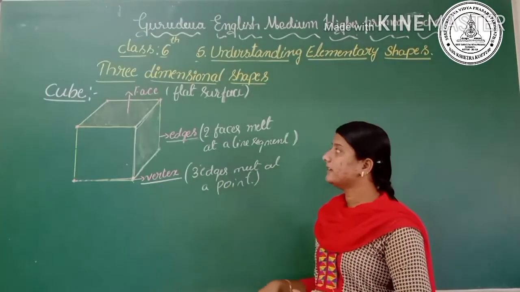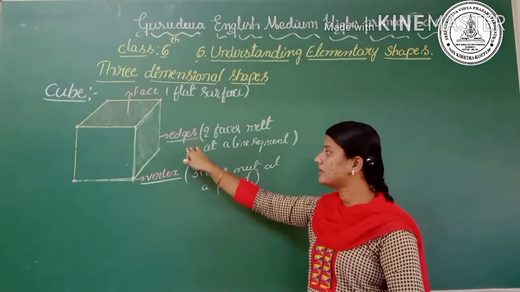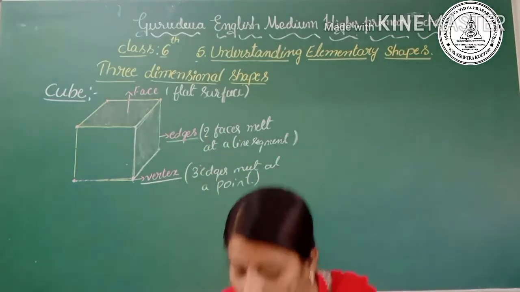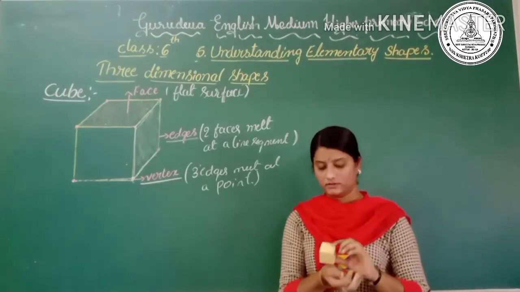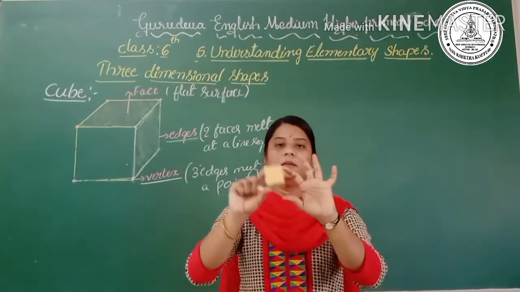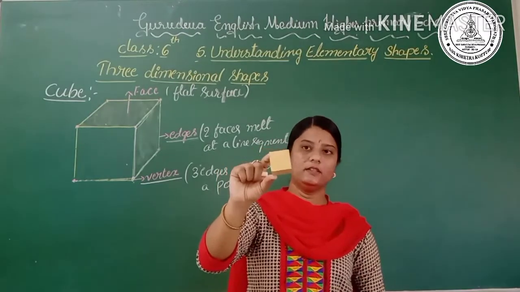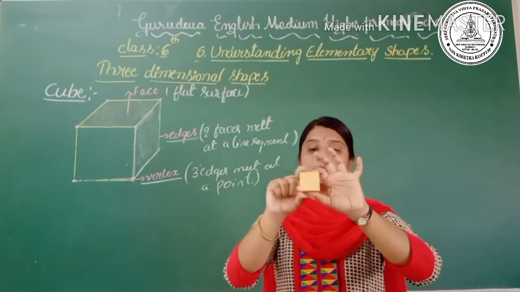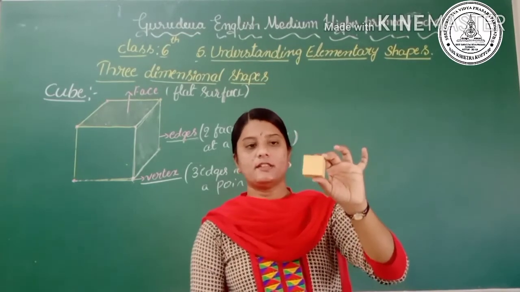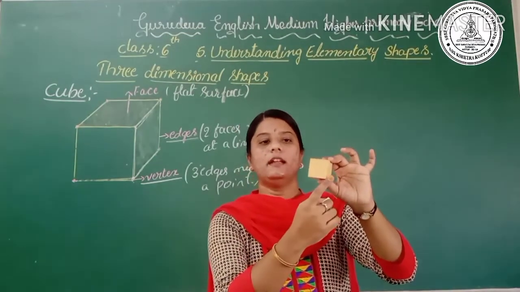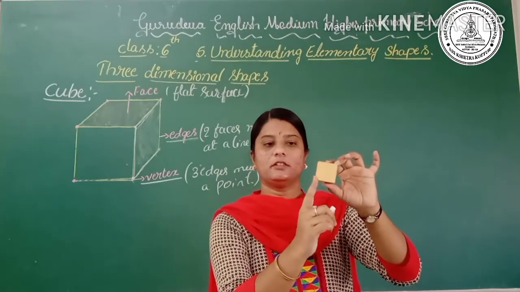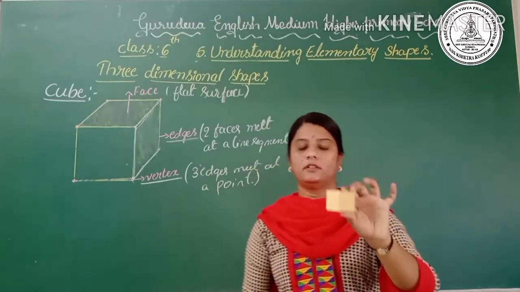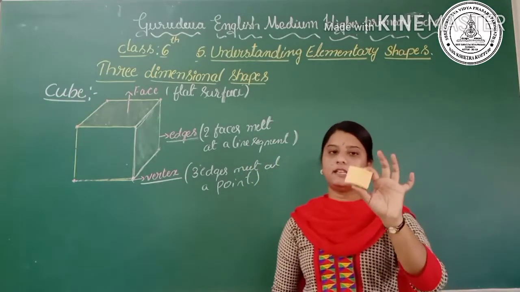Let's see the number of faces, edges and vertices of the cube. Here I have a cube. You can see it has three dimensions, which means length, breadth and height. So this shape has three dimensions, so it is a 3D shape.